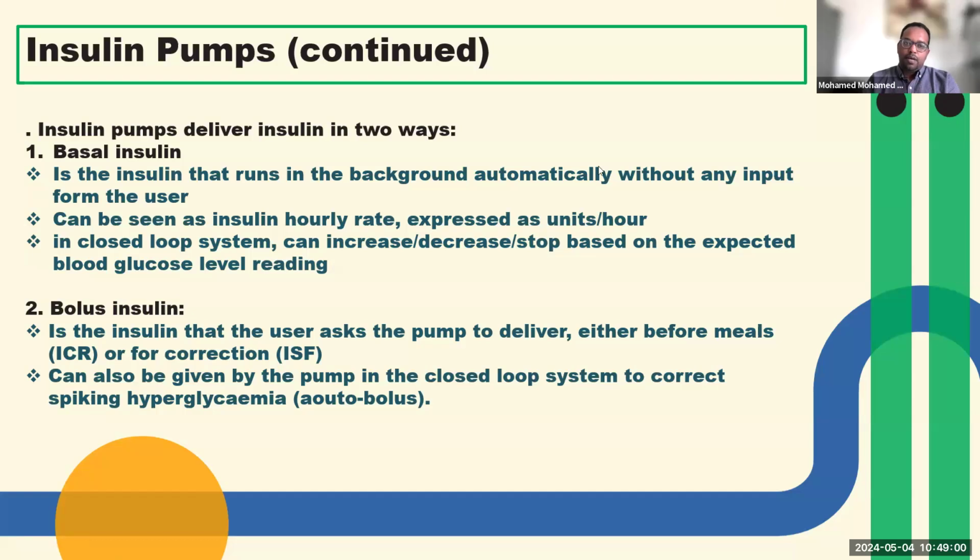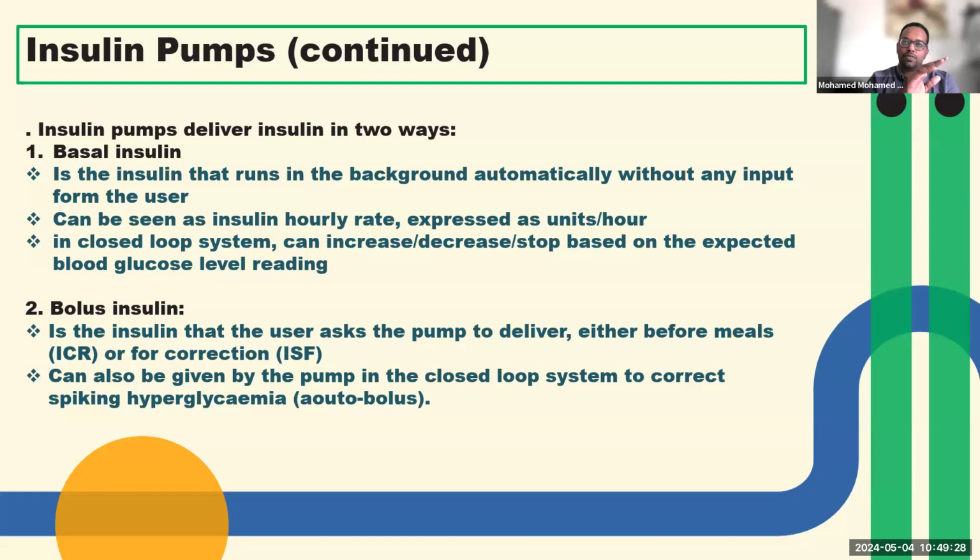So the insulin pumps deliver insulin in two ways. The basal insulin, which means that the pump gives you that basal insulin in the background without input from the user. And the pump, if it is connected to a closed loop system, will have the extra feature either to increase, decrease, even stop giving that insulin.